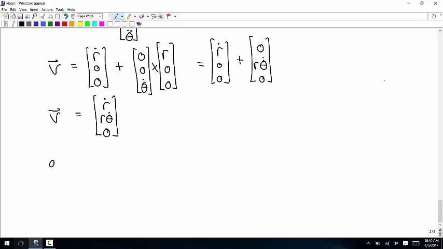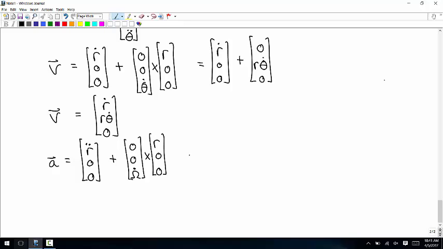And then the acceleration is equal to the components double dot plus omega dot crossed with the position vector plus 2 times omega.